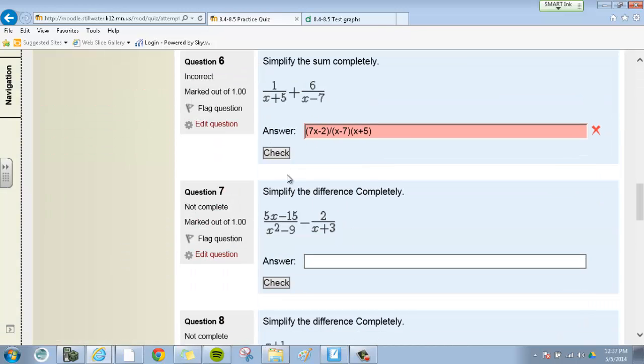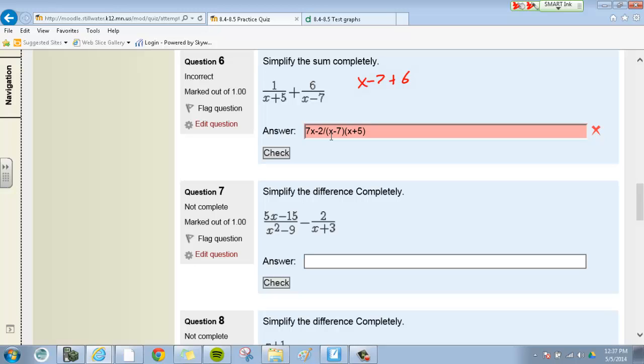So hopefully I typed this in right. And then x plus 5. Checking that. Oh! I wish it didn't delete my work when I checked that. Is it the parenthesis on top? Check that. Oh! What did I do wrong, everyone?